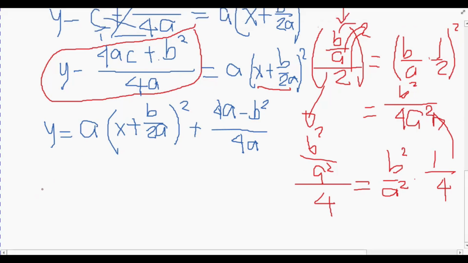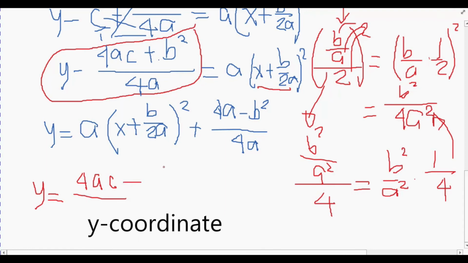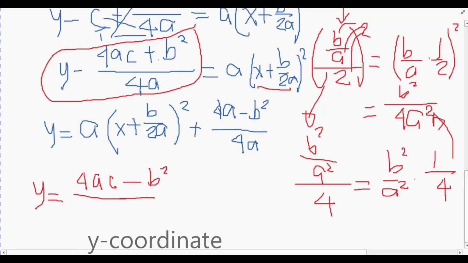Our y equals 4ac minus b squared over 4a.